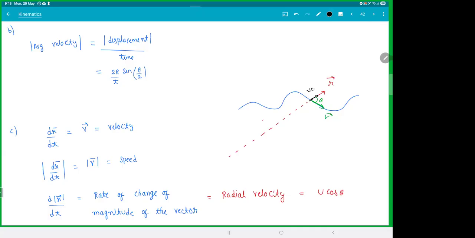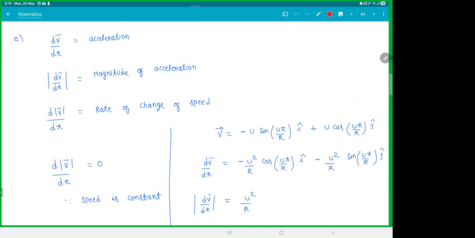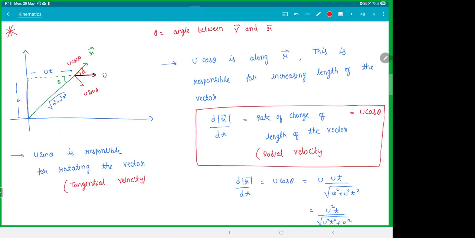This component is v cos theta. This is your radial velocity. Once you understand the meaning of that, you can actually skip all the differentiation and you get an answer pretty fast. Is that making sense? It has a meaning. It's called radial velocity. It tells you how fast the length of the vector is changing. It talks about the magnitude of the vector.